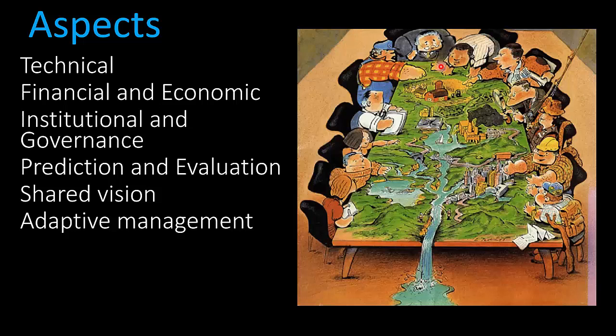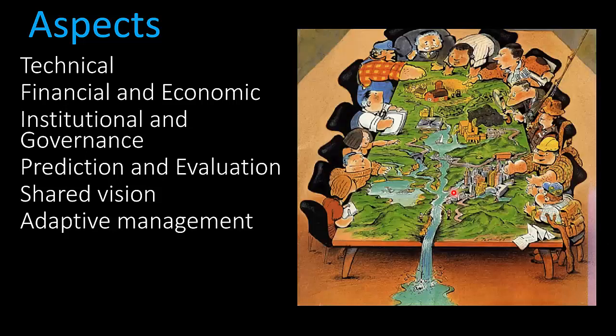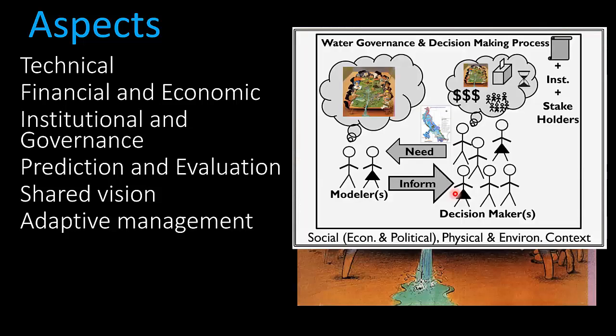Because of that, we also have the institutional and governance aspects. Something that I do want to mention is that in this kind of process of deciding something, decision makers may need some information, and modelers may be building a table or a conceptual way to represent the interaction of the natural and human system, and then provide information to them.